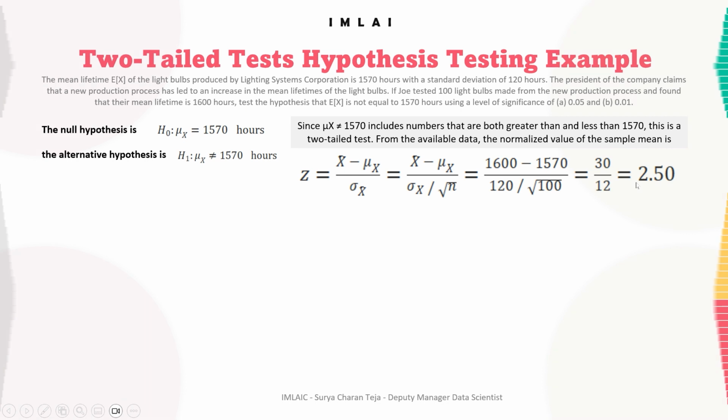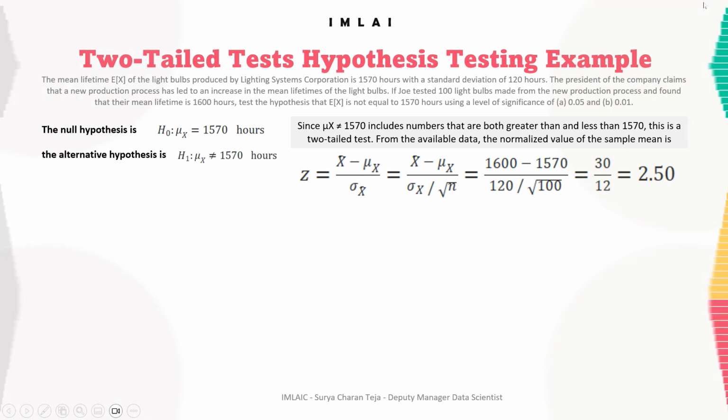For this statistical test, we use the sample mean minus the hypothesized population mean, divided by the standard deviation divided by the square root of the sample size, and we got 2.50.